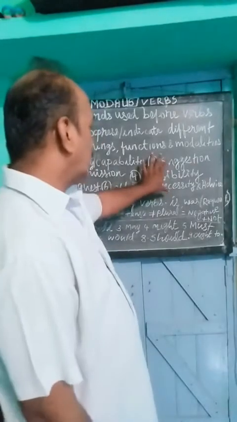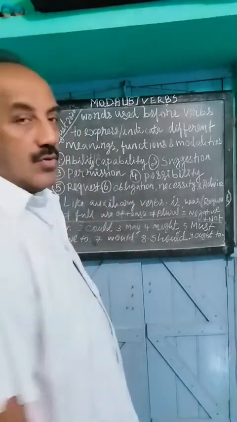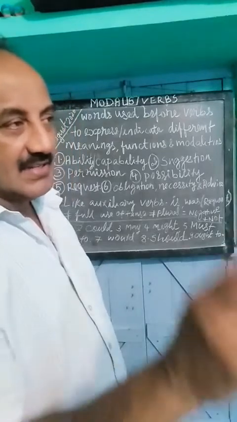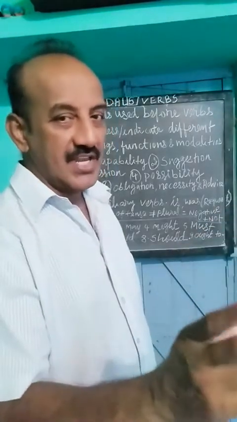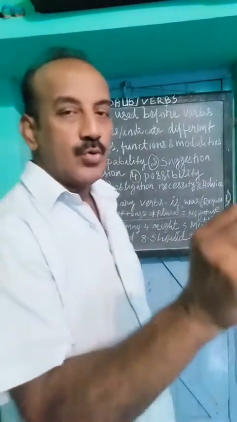This concept like suggestion, permission, like you may go. It's a permission given, you may go. There is a slight variation. You must go, you may go. There is a variation, but it generally is a permission. So I permit you to go.